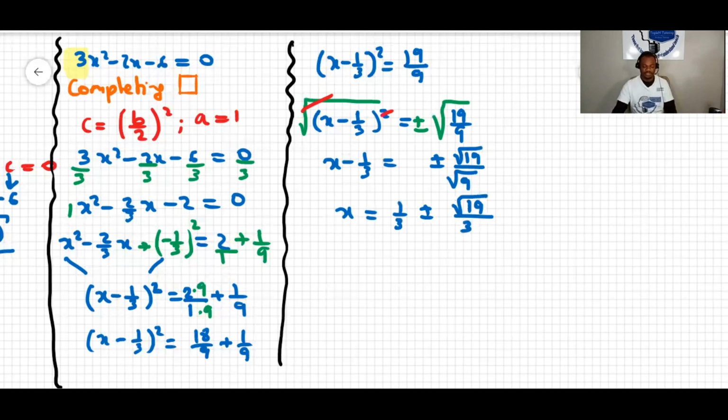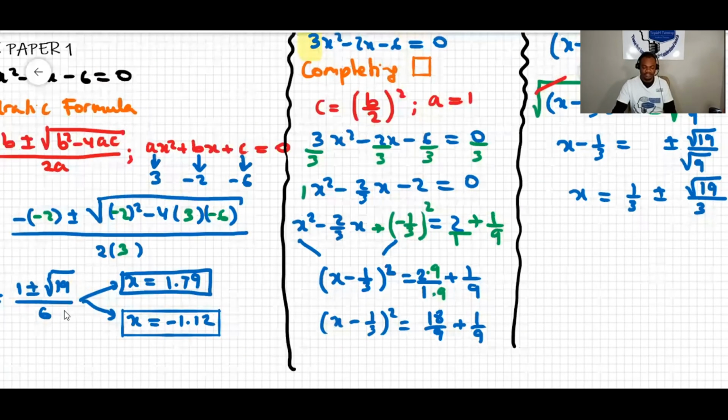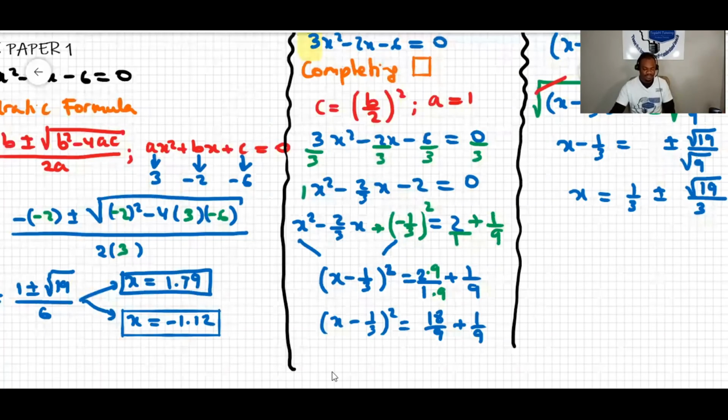Okay, you notice that this is the same thing as it is over there. Here it simplifies. I didn't write the 3. Sorry, it was supposed to be 3 over here.